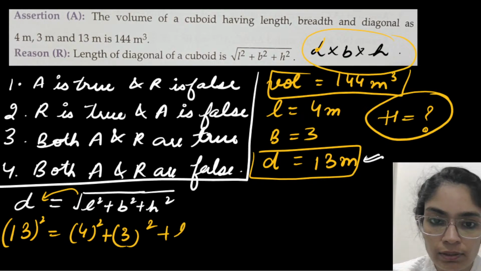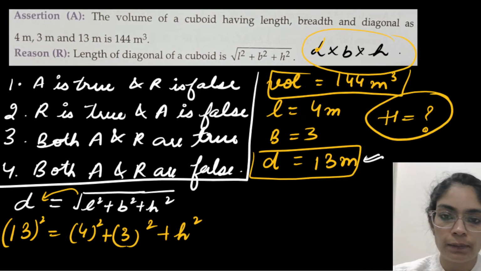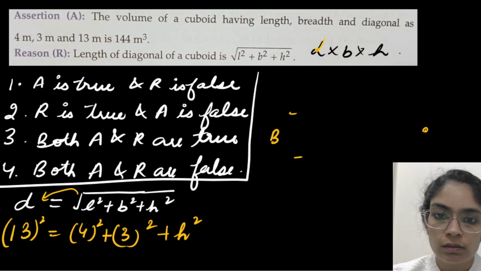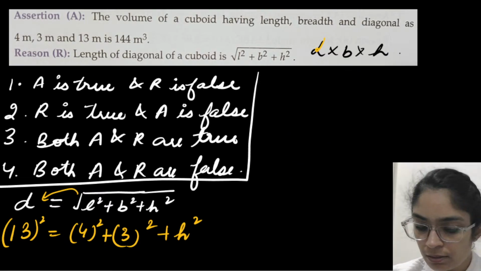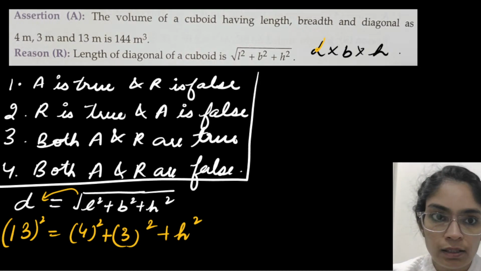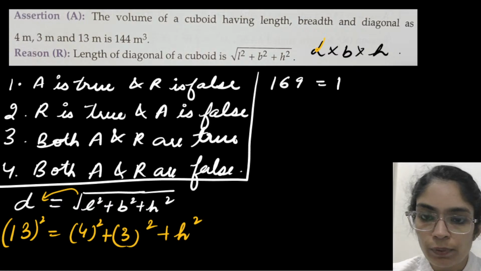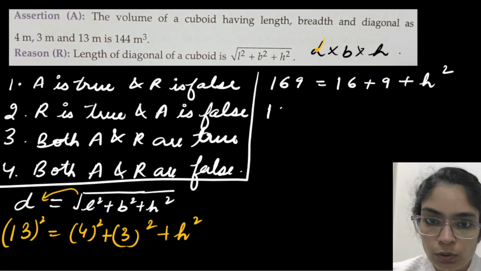Height is not given to us, so I'll write h square only. So 13 square is 169, equals 4 square is 16, 3 square is 9, plus h square.